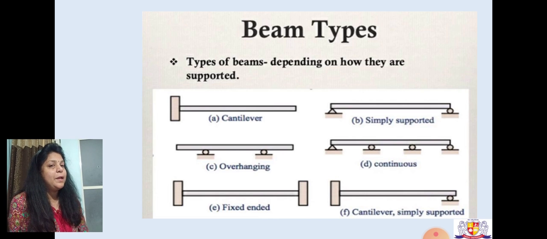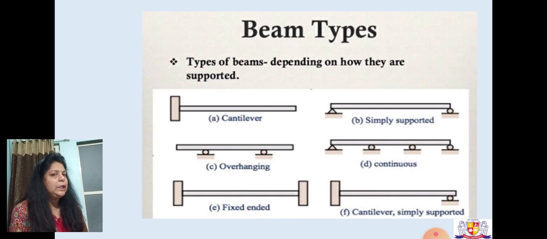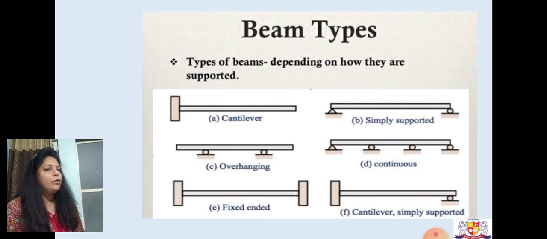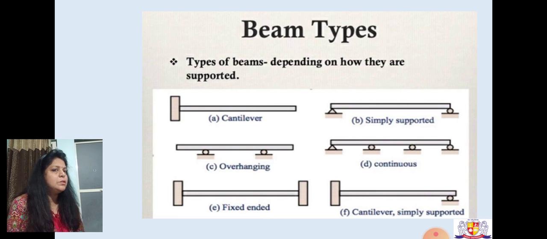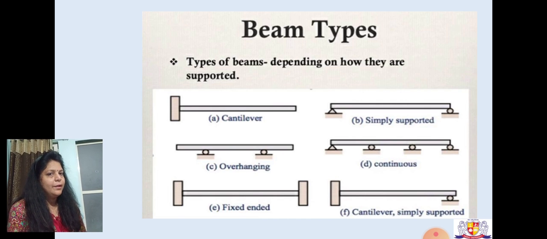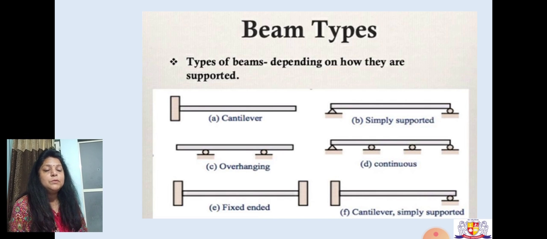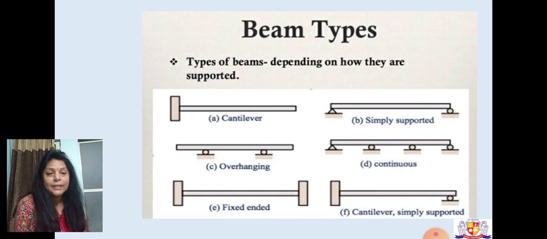Now, when you go to the basement parking, do you see any particular beams, or do you see a number of columns? We see a number of columns, and these columns are supporting the beam. So that is an example of a continuous beam, so that the parking can be done efficiently.